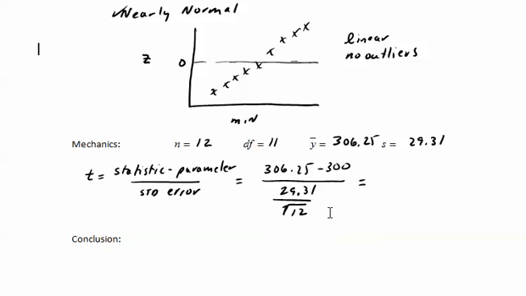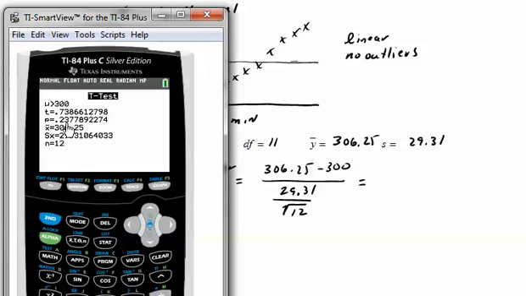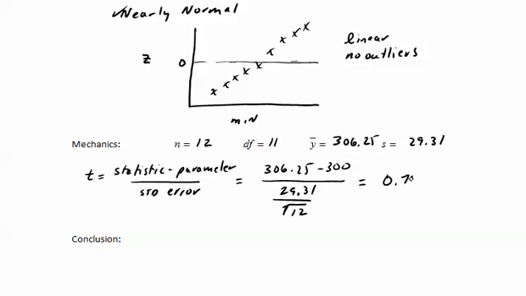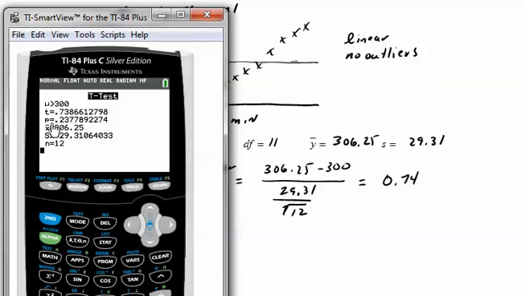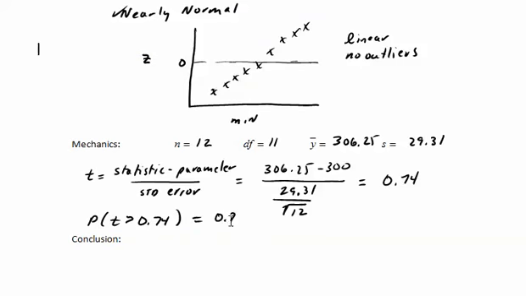And then that should give me my t statistic, which I've got here is 0.74. And then I want to know the probability that t is greater than 0.74. That is also given right here. That's the p that's right there, 0.24. So since that's a very high value, we will fail to reject. The 0.24 is greater than any alpha. It would be greater than 0.1.